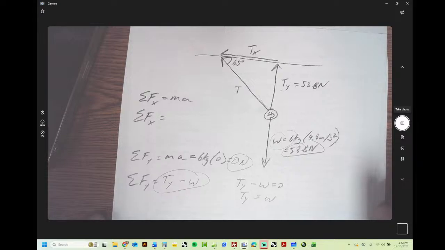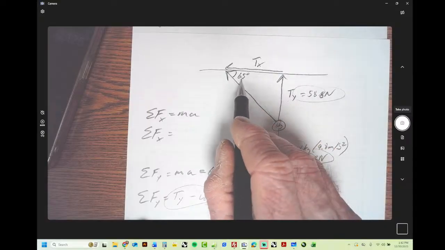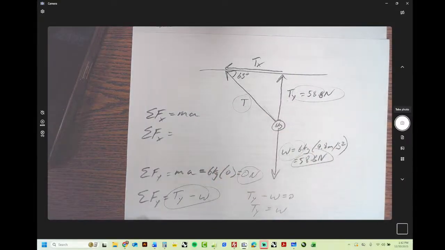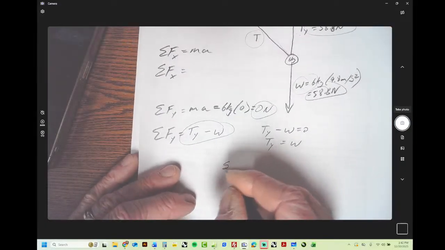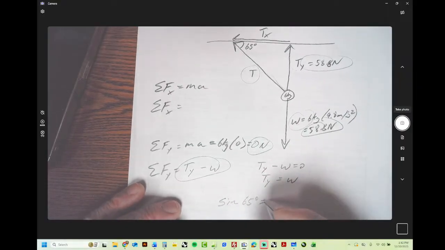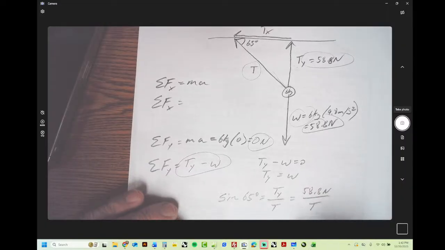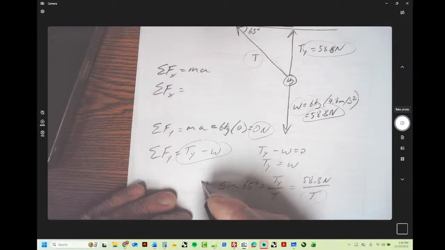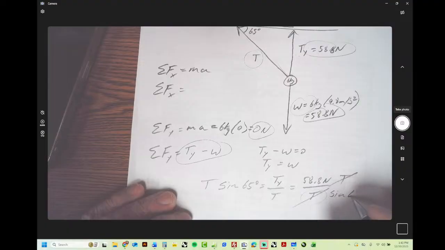The tension in the rope, I can use trig to find this. I've got Ty, which is the opposite of this angle, and then looking for T, which is the hypotenuse. So I can use sine for that. Sine of 65 equals Ty over T, which is 58.8 newtons over T. To solve it, multiply both sides by T, divide both sides by sine of 65.